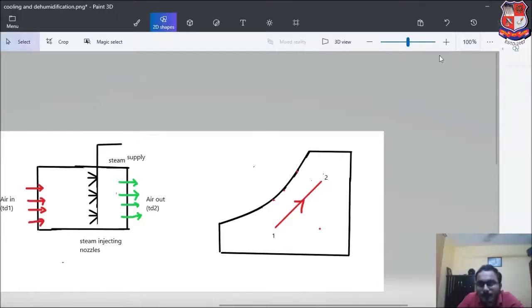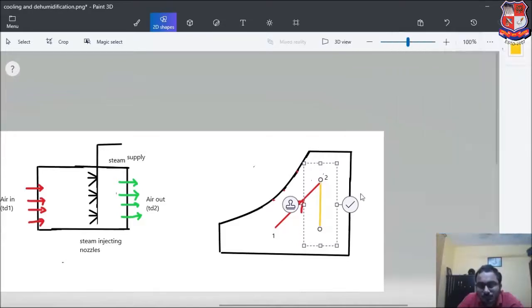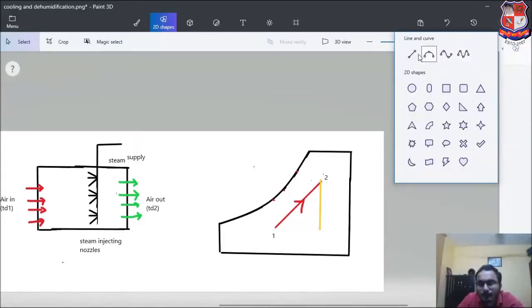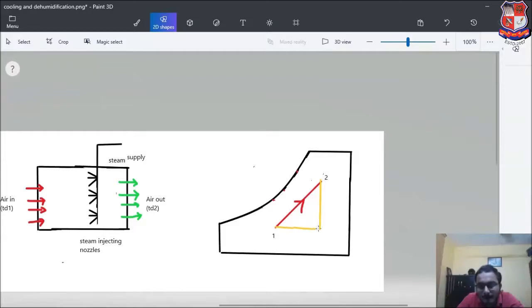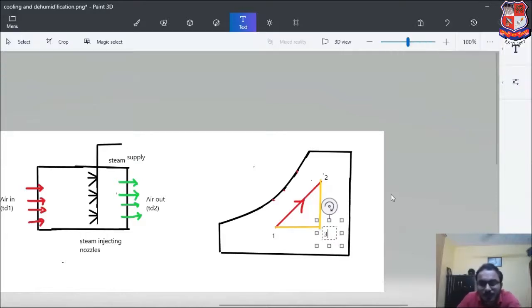And here the direction will be like this.